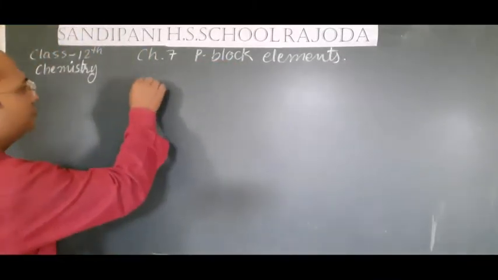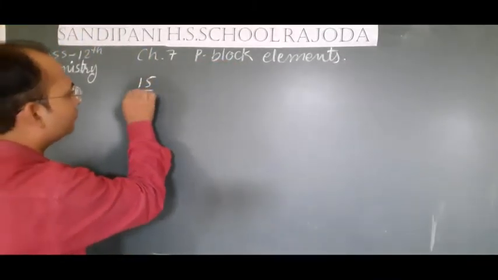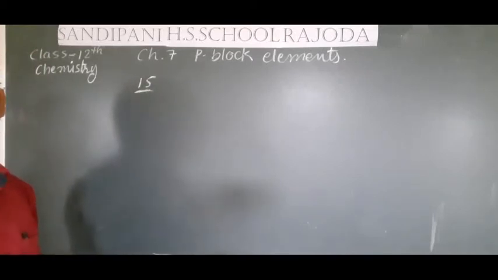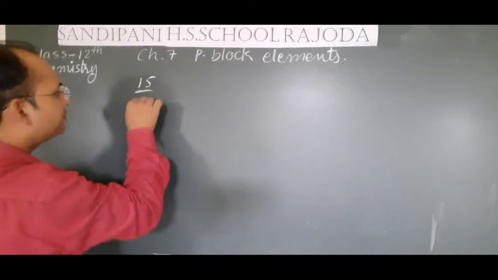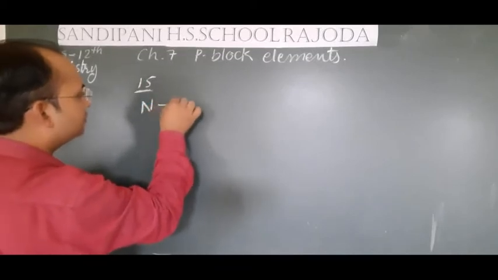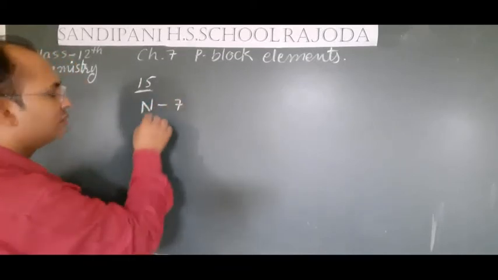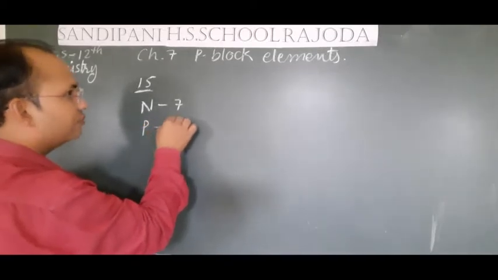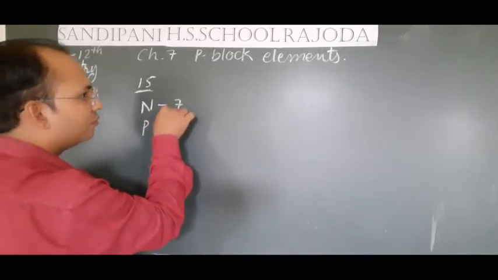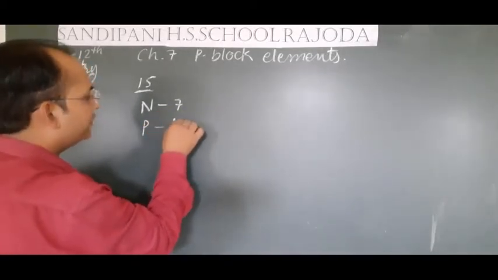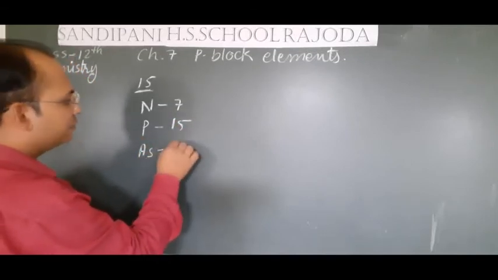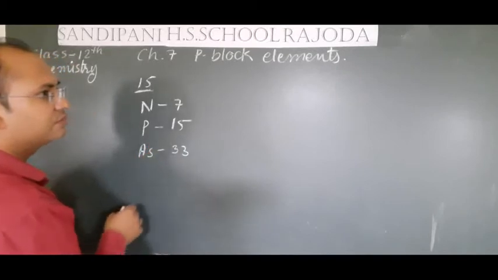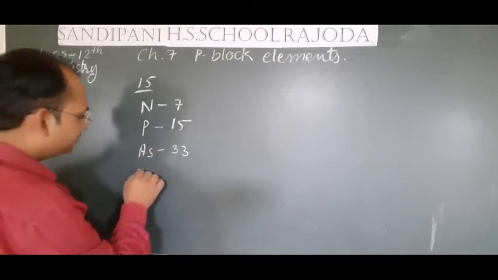First of all we talk about the group 15 members. In 15th group students, main elements present are nitrogen atomic number 7, phosphorus atomic number 15, arsenic that is As atomic number 33, antimony.